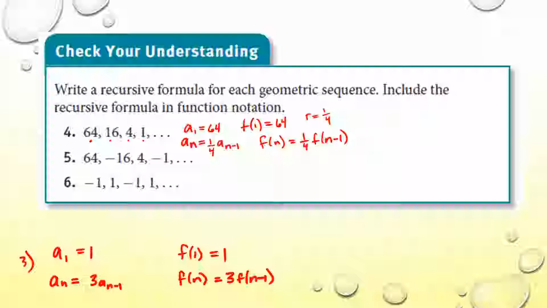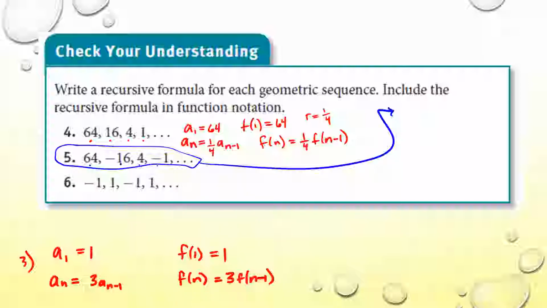So let's see, this one is getting divided by -4, -4, -4. So we'd have to, in order to divide, we'd have to multiply by a fraction. So I am going to take this problem and do it up here where I have a little room. So the first term is 64 again. So the function at the first term is 64.